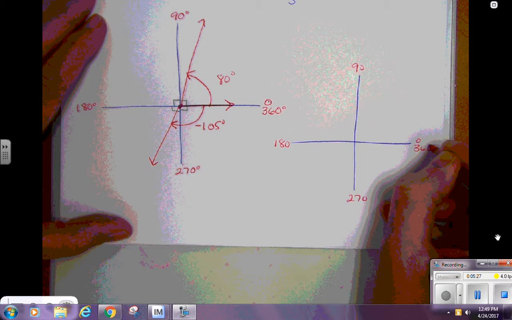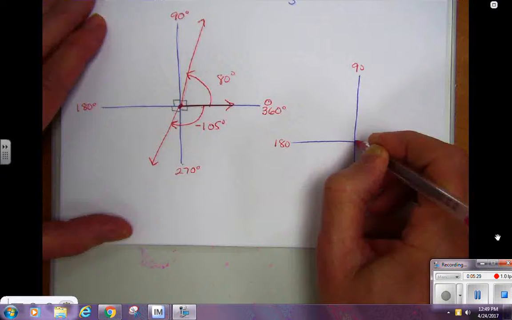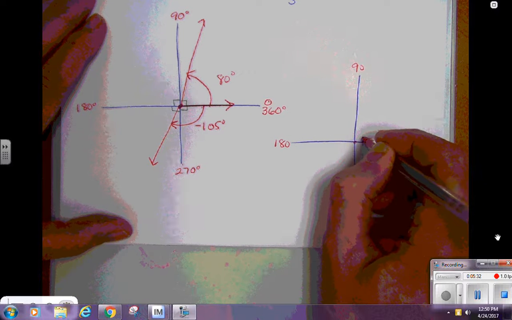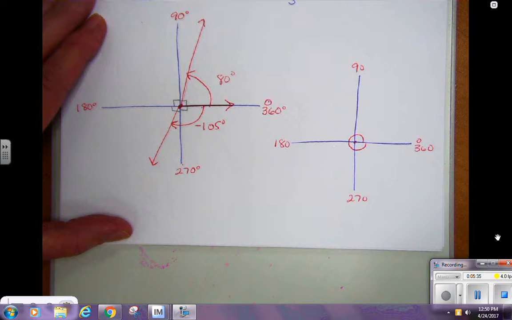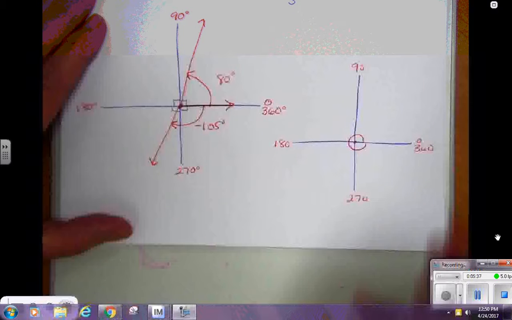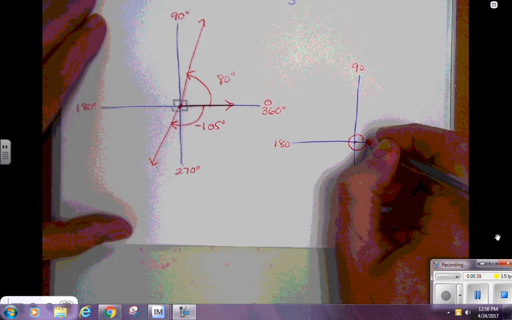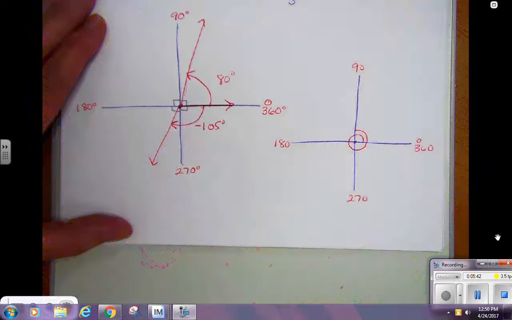So if I go all the way around once, I want to start kind of close to the center, because I'm going to make it spiral out. So if I go all the way around once, that's 360. 360 plus another 90 is going to be 450.